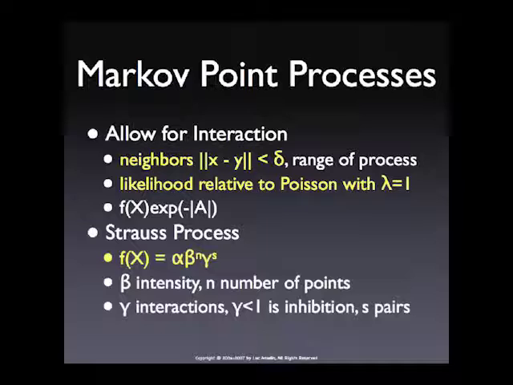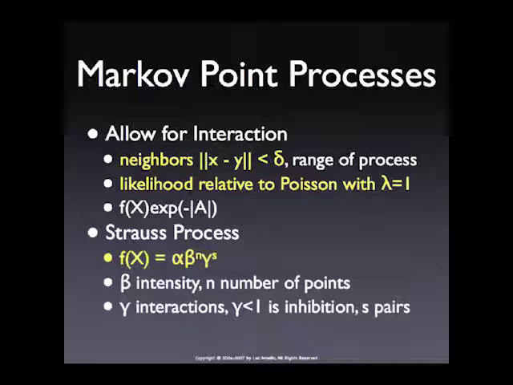The latest flavor of these models, and this is very recent, late 90s, early 2000s, are so-called area interaction point processes, where you see the same general form as the Strauss process. We have a beta for intensity, and we have a gamma for inhibition.